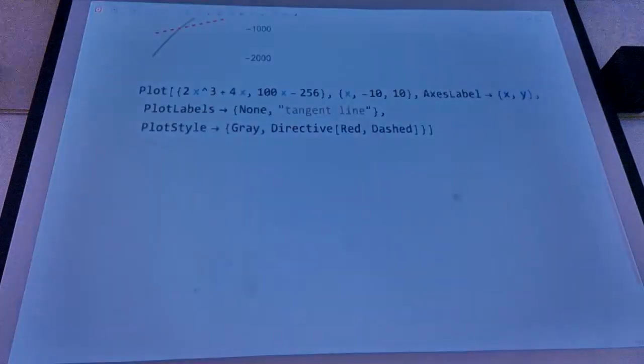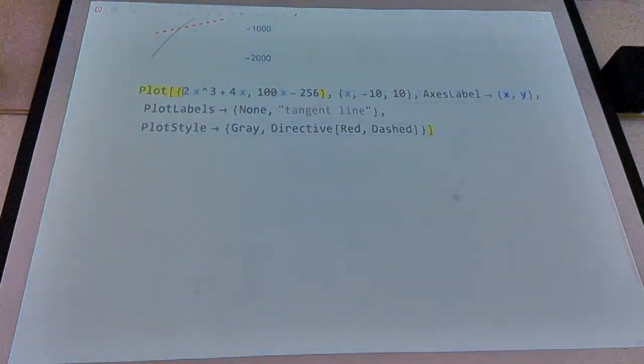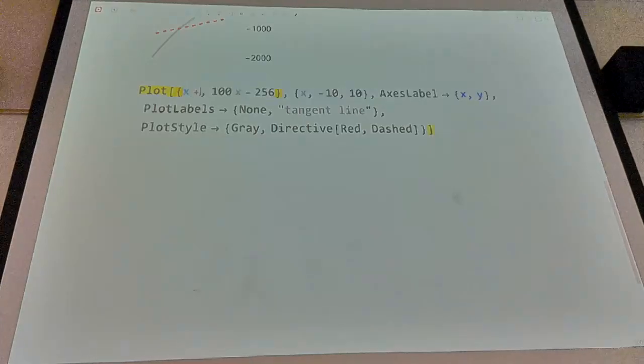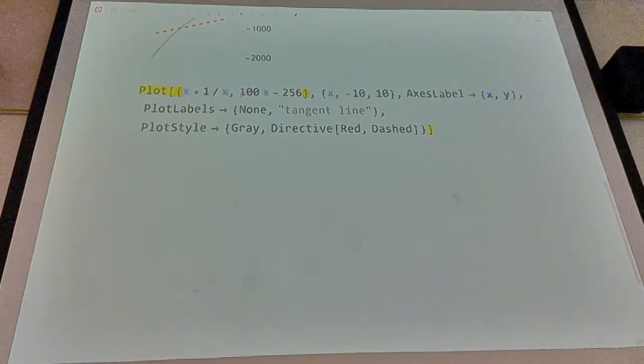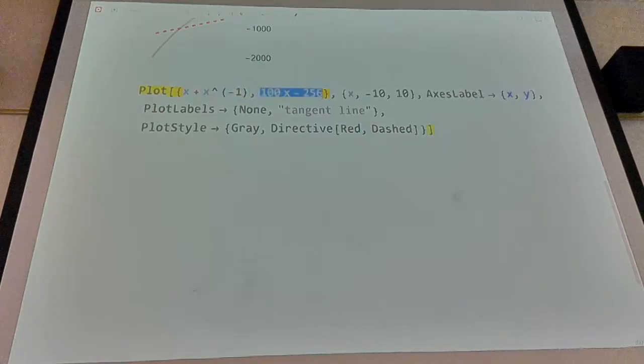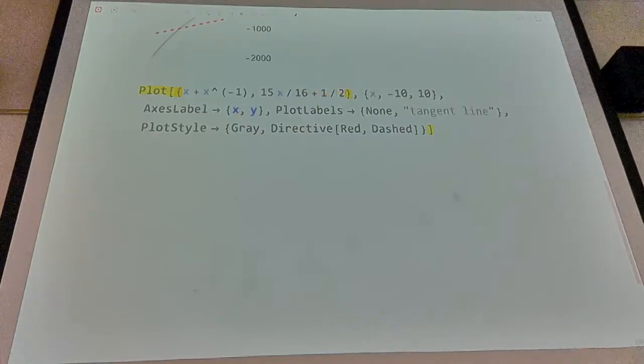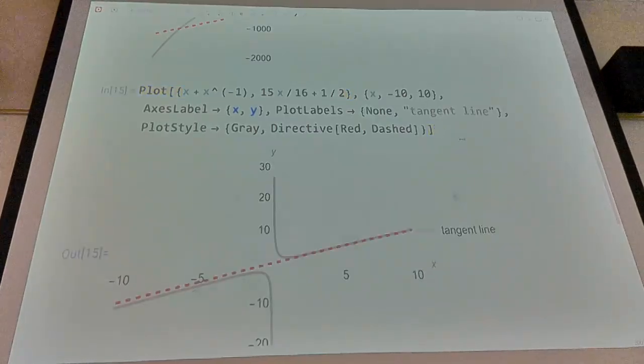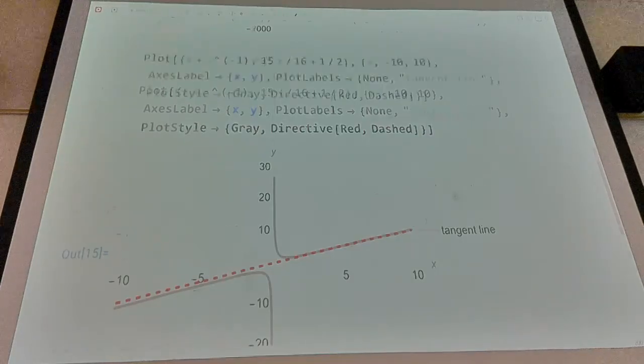So there's a few things I have to change. I'm going to keep it as x to the minus 1. Let's keep minus 10 to 10 for now. Let's see what that gives us. So it's actually minus 5 to 5.